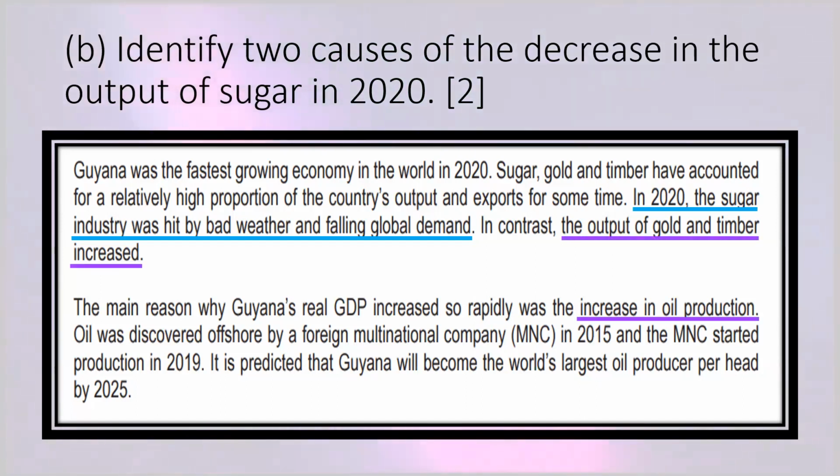This is what I would have picked out even without looking at the mark scheme. But if you go on reading through the passage, there are other reasons why you may not be harvesting sugar. In contrast, output of gold and timber, and then you've got oil production in the next paragraph and so on.